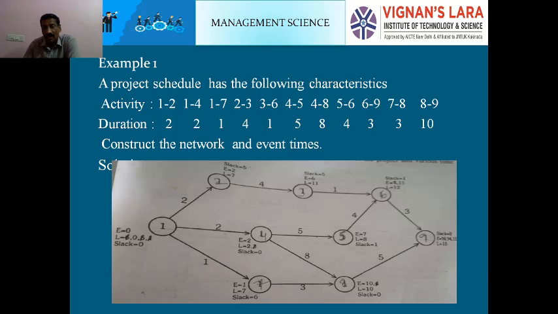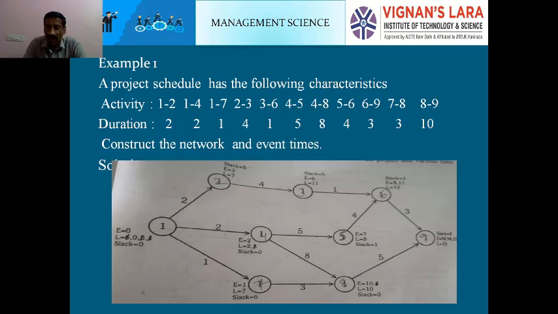First of all, in the last event, the earliest and latest finishing time is the critical path duration. How much is the critical path duration? 15. That means EST 15 and LST 15.